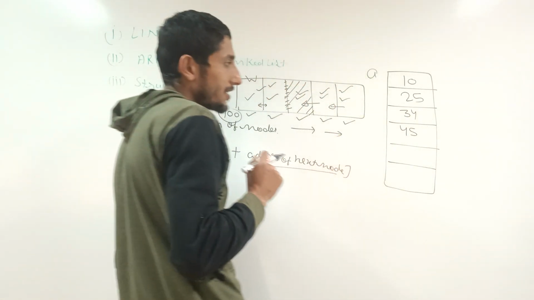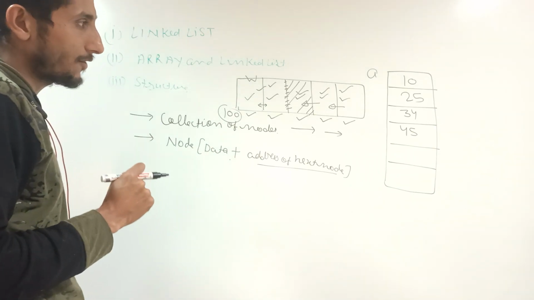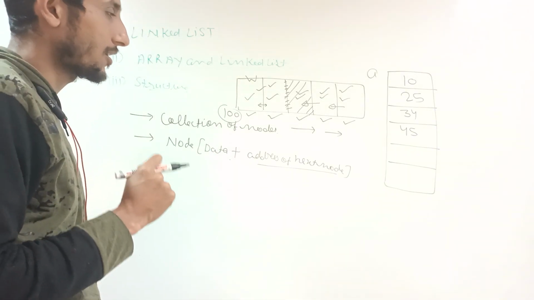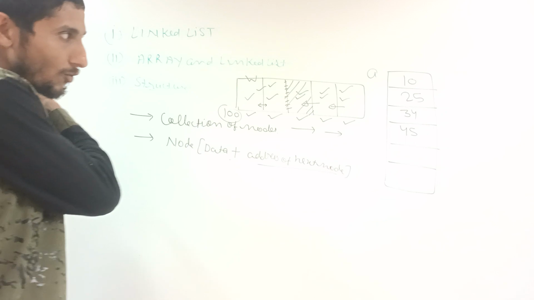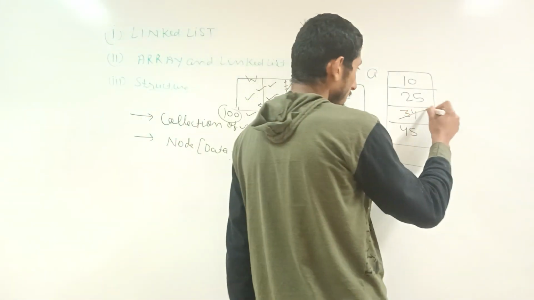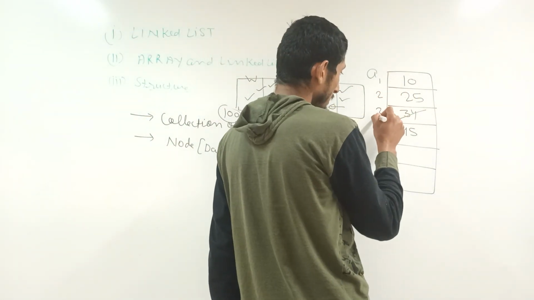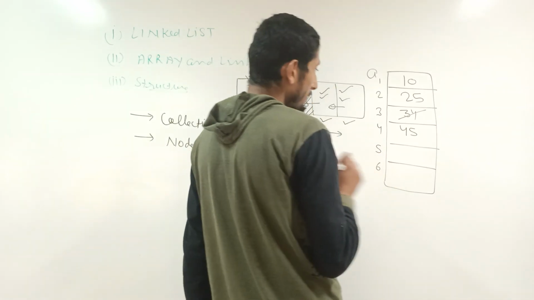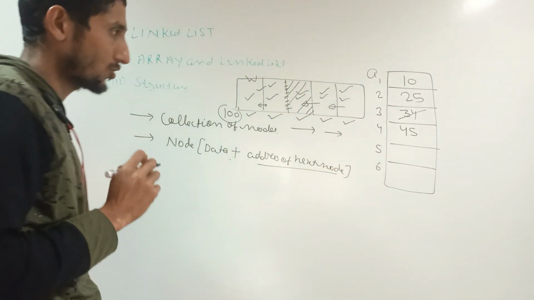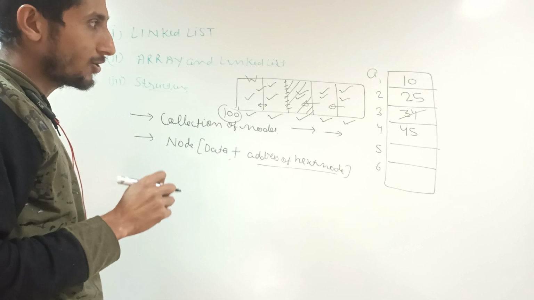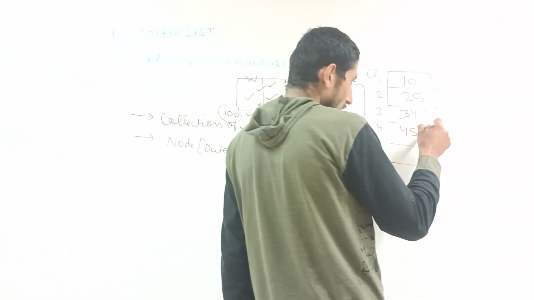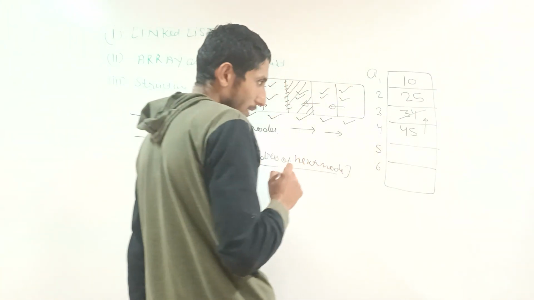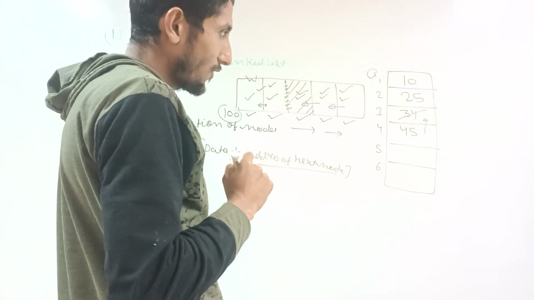Now what is the task? The task is, let's say I want to delete element number 3. Which one is that? If the array index starts from 1, element number 3 is 34. In order to delete 34, in the normal case I have to shift 45 to here. But rather than shifting, what can I do?